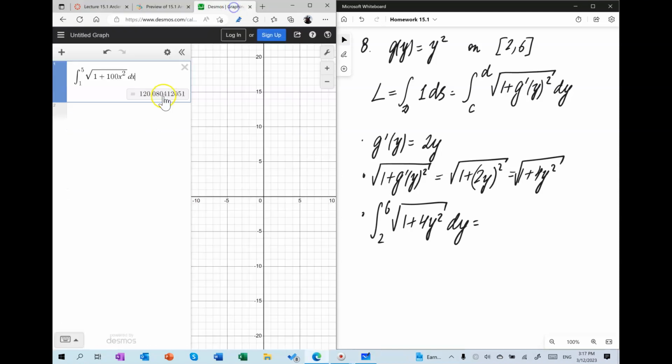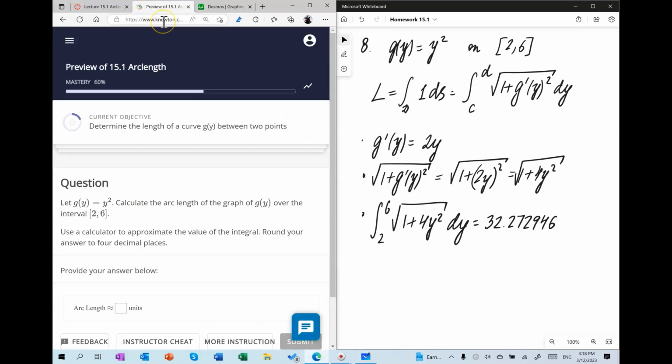Luckily, we are allowed to use the integrator. Well, I guess you can call it an integrator calculator. So integral from 2 to 6 of 1 plus 4y squared dy. Desmos is really good at reading different variables x and y, so let's take advantage of that.